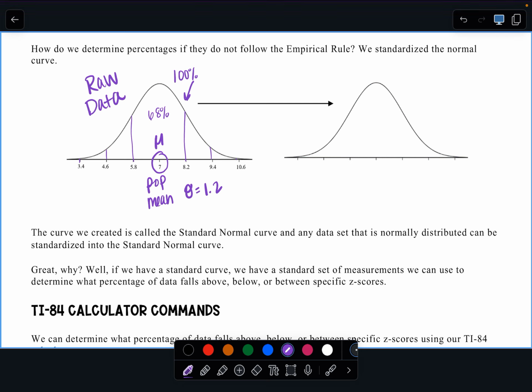Now, what we have on the right-hand side is what we're going to call the standard normal curve.